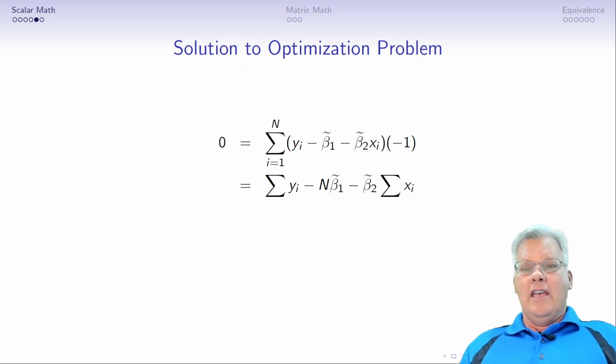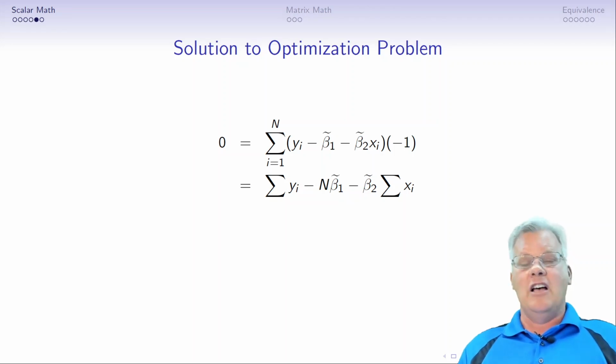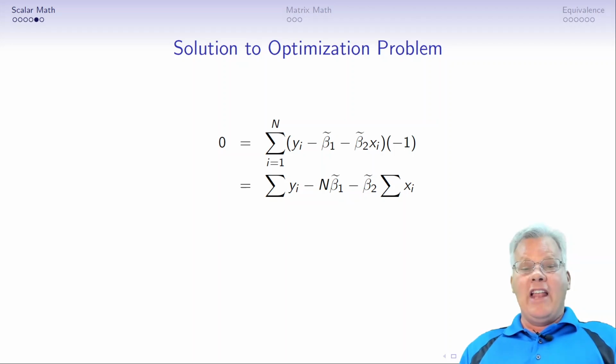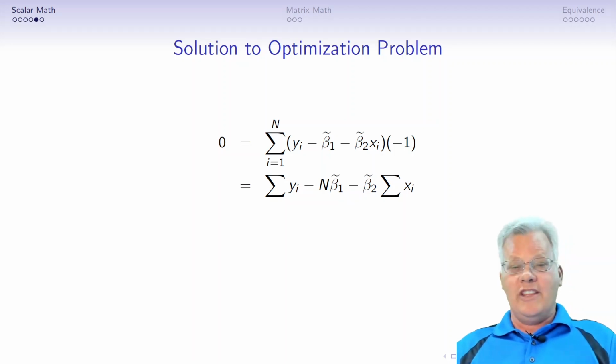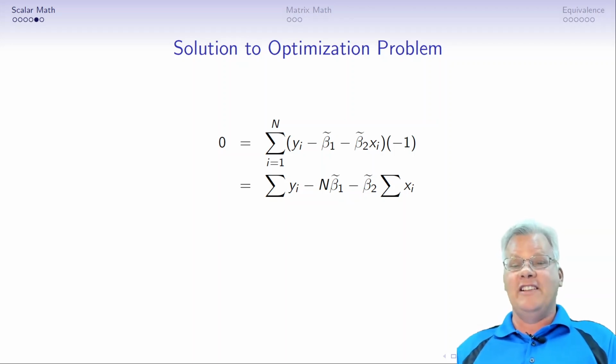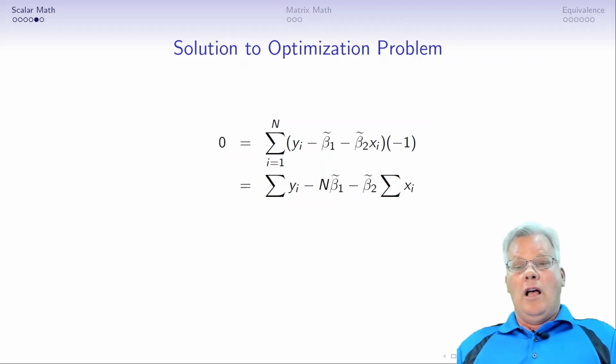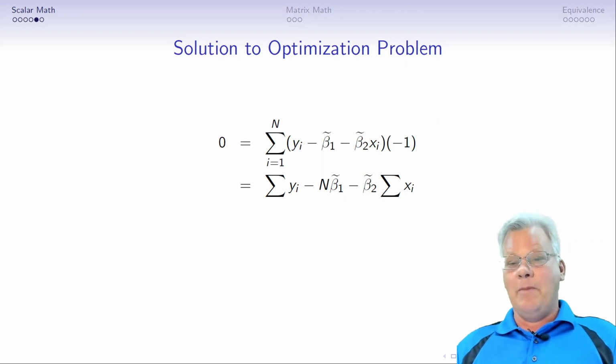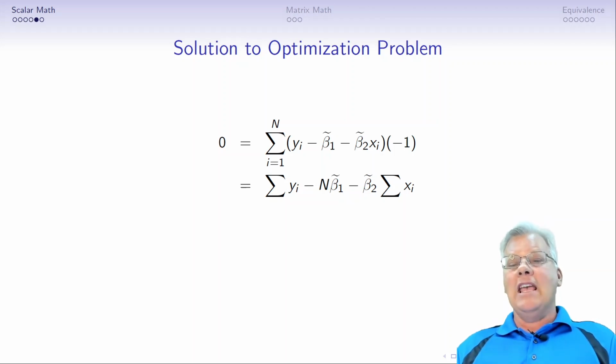So if I take the first equation, remember the first equation was that the sum of the error terms, or regression residuals, is equal to 0. As I manipulate that, going from the first equation to the second, I'm breaking the first set of parentheses. I get the sum of the dependent variables, y sub i, and then I'm adding up beta tilde 1 n times.